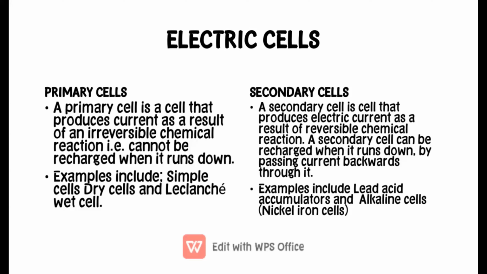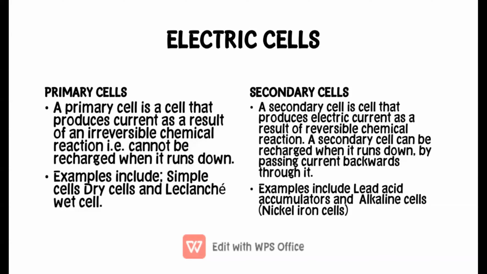I don't think I'll be perfect reading it, but you can find means of reading that name. So we have a simple cell, we have a dry cell, and a Lagrange wet cell. So those three are examples of primary cells.